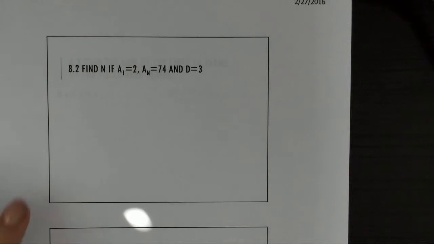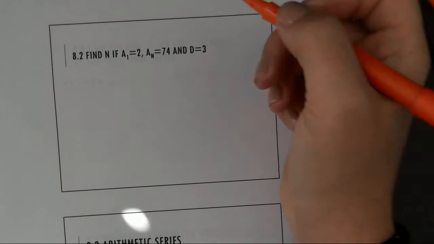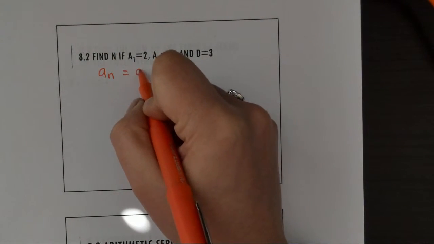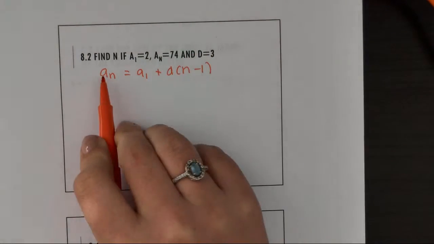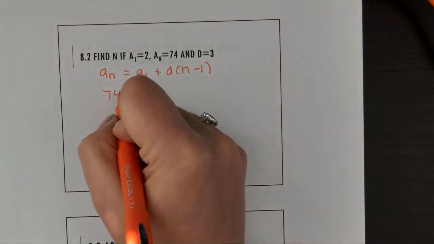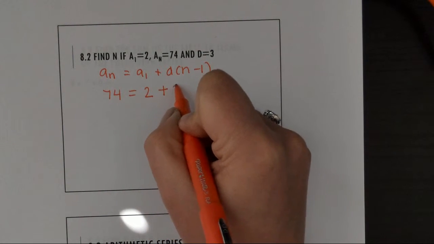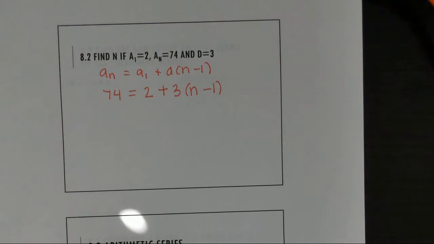This example here asks us to find n if we know our first term is 2, and we know a sub n is 74, and our common difference is 3. So all we need to do here is plug in our known values into the formula. We know a sub n is 74. Our first term is 2. Our difference is 3, and we don't know what n is, so we can't substitute anything there.